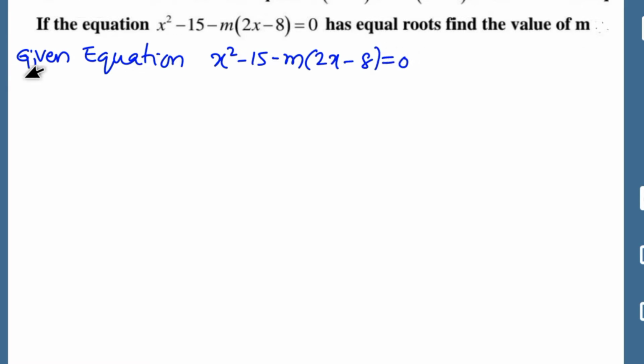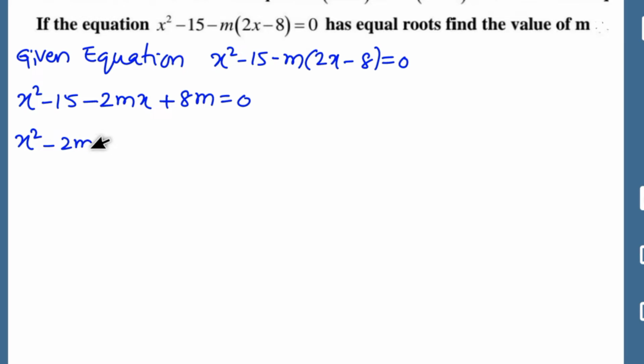First convert it into standard form. x square minus (15 minus m) into 2x. This is 2mx minus m into minus 8, minus into minus plus 8m equals 0. First write the x square term, next the x term, next the constants. What are the constants? 8m minus 15 equals 0.